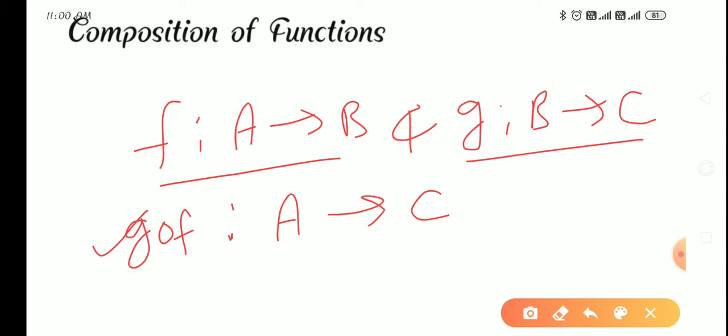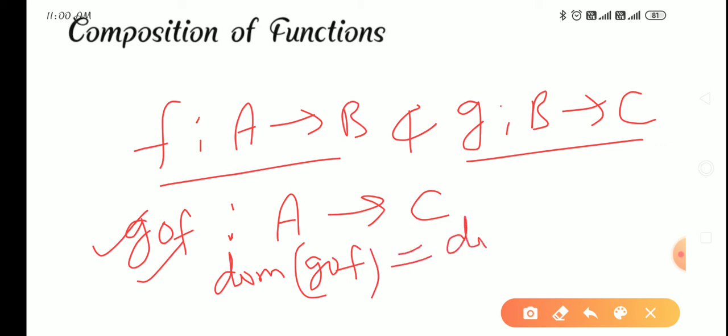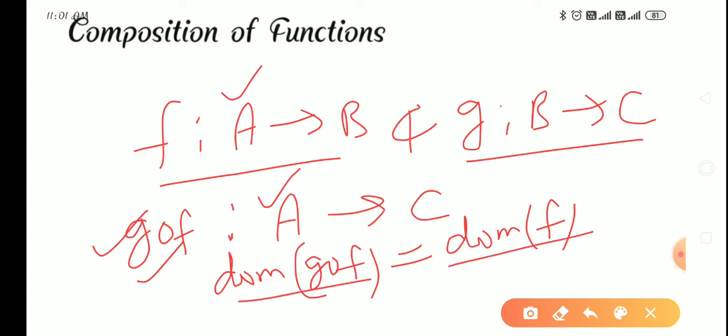Now here in this case, domain of gof is equal to domain of f. You can see domain of f is A, domain of gof is A. So domain of gof is domain of function f.